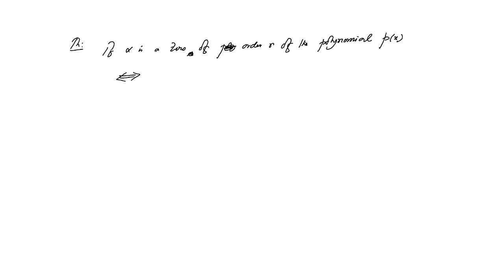So there is one important theorem. Alpha is a zero of order r of the polynomial p(x) if and only if p of alpha, p dash alpha, p double dash alpha, up to the (r minus 1)th derivative at alpha, are all equal to 0, that is, r minus 1 times derivative, and then you put the value of alpha.